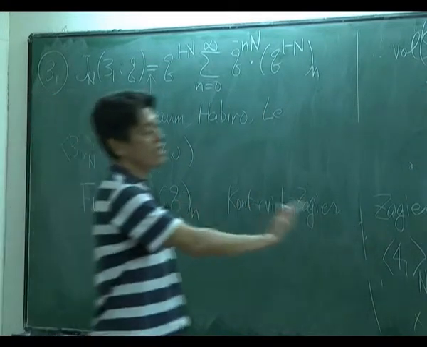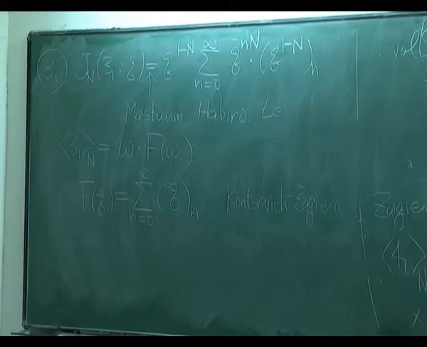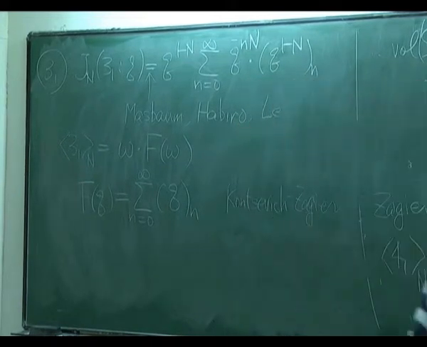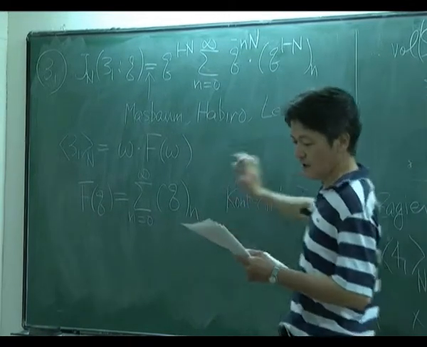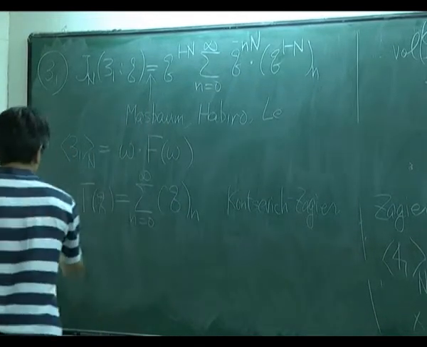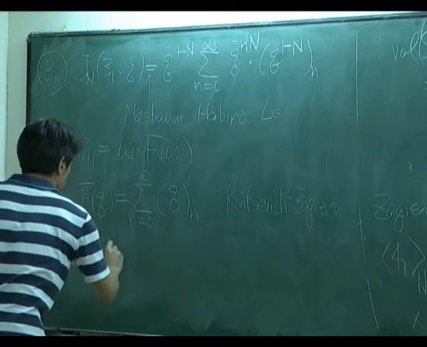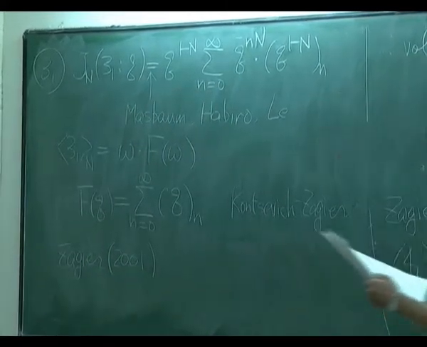Contrary to the case of the figure 8 knot, the asymptotic expansion of this large F function is a very beautiful one, and this is also due to Zagier. So I show you a result.